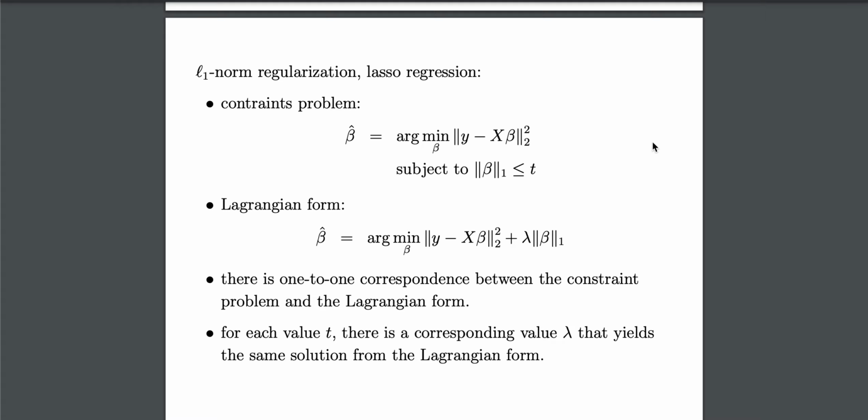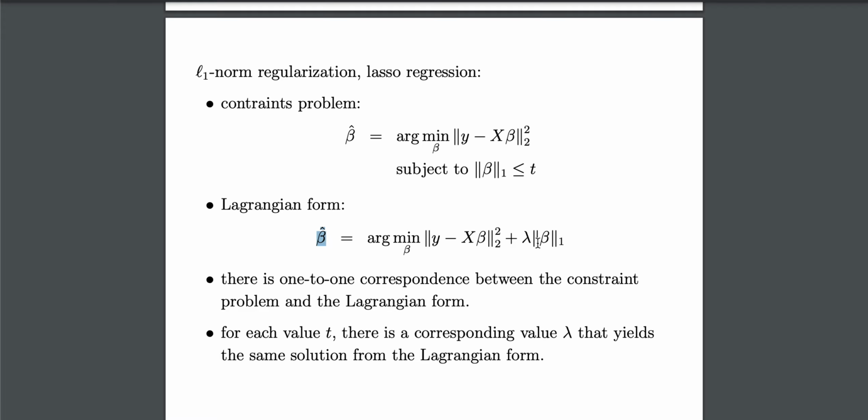So one thing I want to emphasize is that the value of lambda itself, which can be determined using cross validation, only matters as much as we care about beta hat.